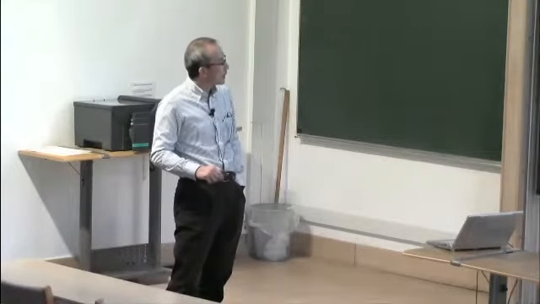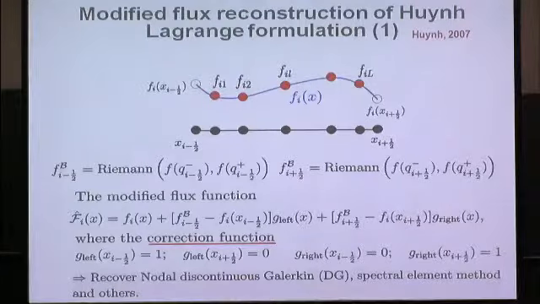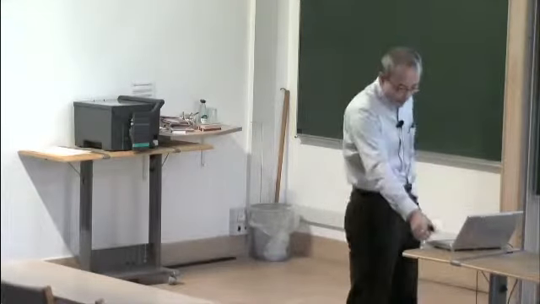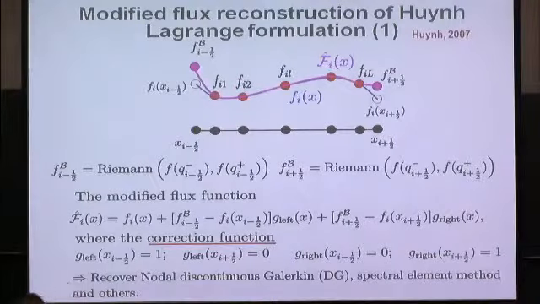So by properly choosing the correction function here, we can recover exactly the nodal type DG, discontinuous Galerkin, and also a spectral element method, and even other kinds of numerical methods. This is one choice. We can do this, and we can get the DG formulation. Okay, so this pink line is a modified flux function.